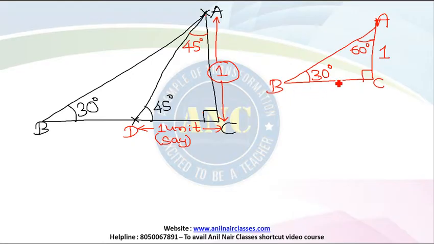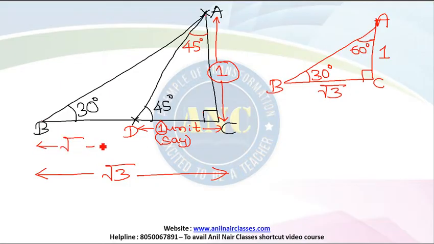Yes, it is matching. So opposite to 60 will be root 3. That means the entire BC value is root 3 units. So out of the total root 3 units, remove this 1 unit, you will get BD value as root 3 minus 1 unit. Anyway, we will not remember all these values and confuse ourselves in our problem solving.